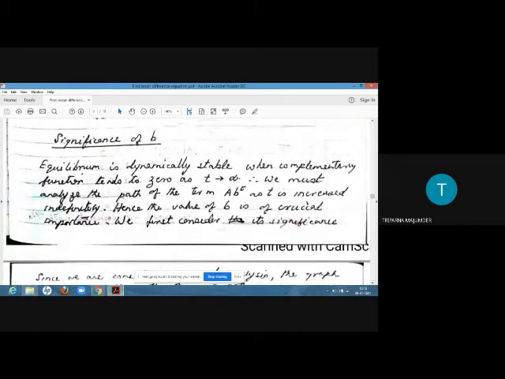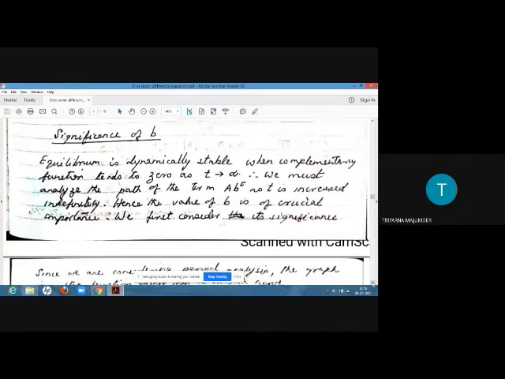Equilibrium is dynamically stable when the complementary function tends to 0 as t tends to infinity. Therefore, we must analyze the path of the term a b to the power t as t is increased indefinitely. Hence, the value of b is of crucial importance.